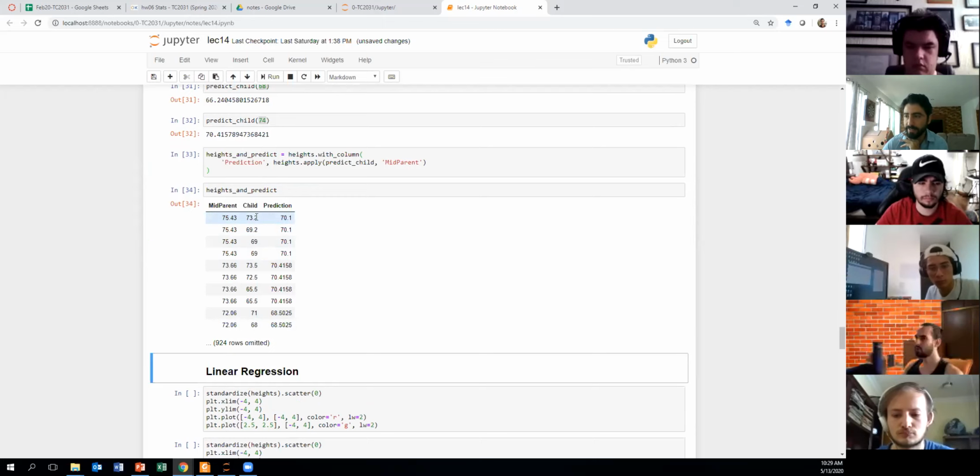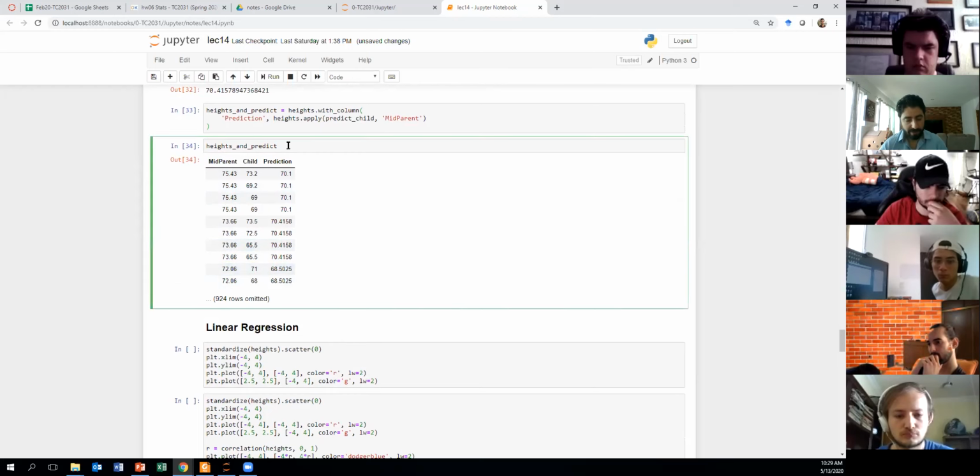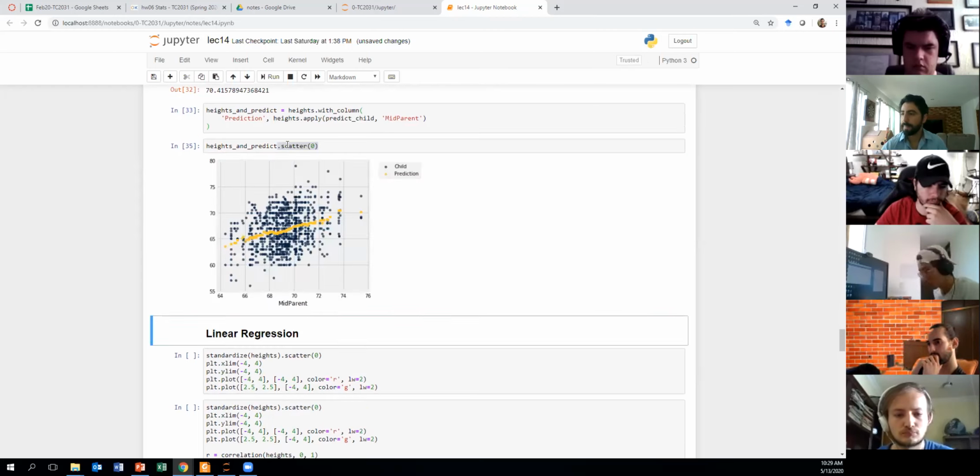If mid-parent is this, I predict my child would be 70, and for this 70, 70. You can see for different mid-parents, I'm measuring different predictions. If I scatter plot this, you see this yellow line, which is my prediction for all this range of the data. Is that clear what I'm doing here?